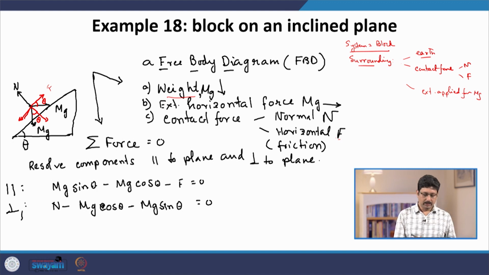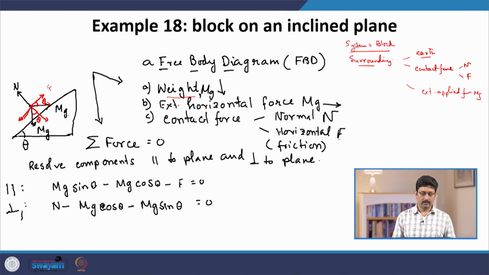If we draw the forces, with the magnitude and the line of action, imagine this is the center of mass of the block. This is the weight acting downwards. The contact force has two components: the normal component in the normal direction and the friction component parallel to the plane. And then this represents the external applied force mg.